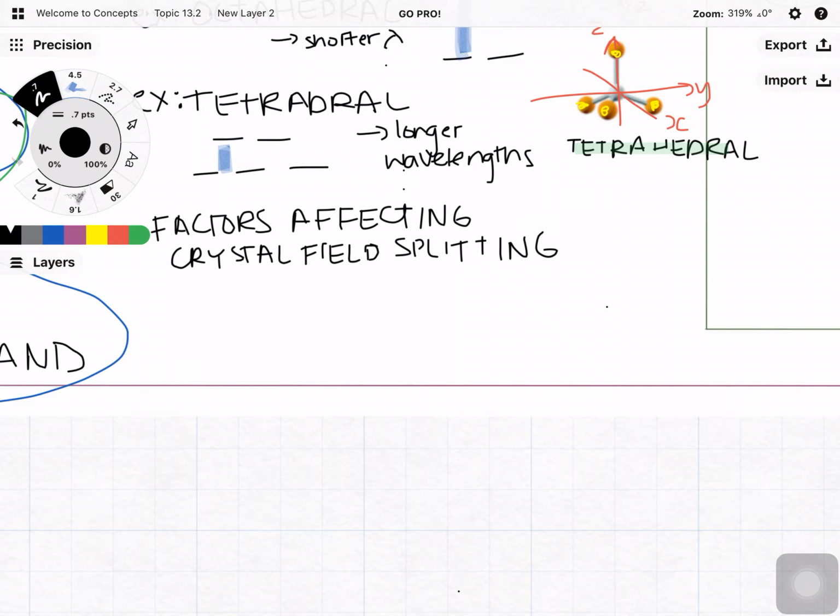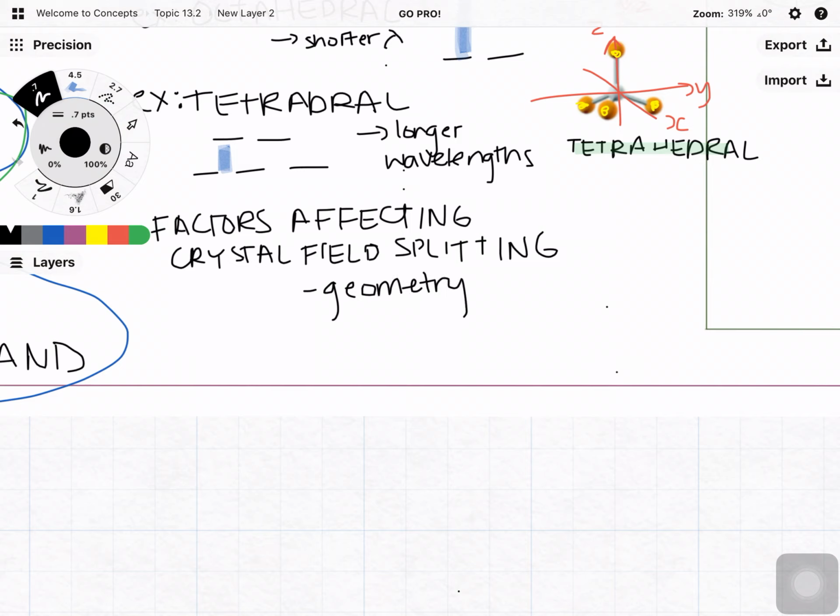Okay, so the first thing, we already talked about the geometry. Again, octahedrally bonded ligands tend to generate a greater difference between the split d orbitals. So the geometry.